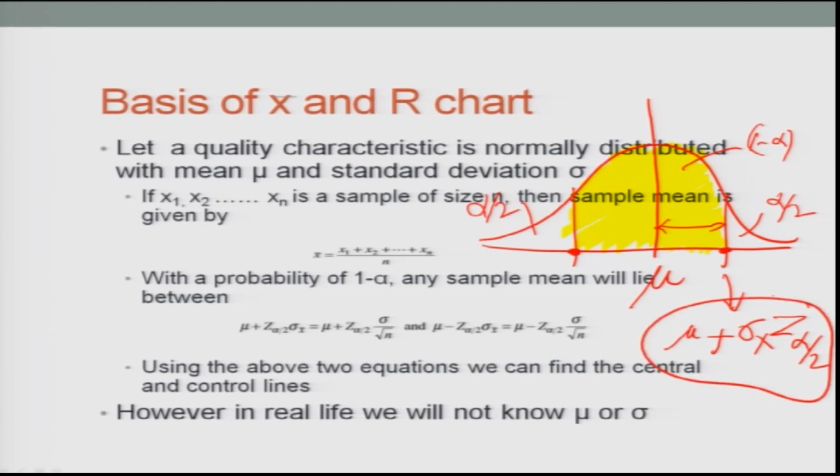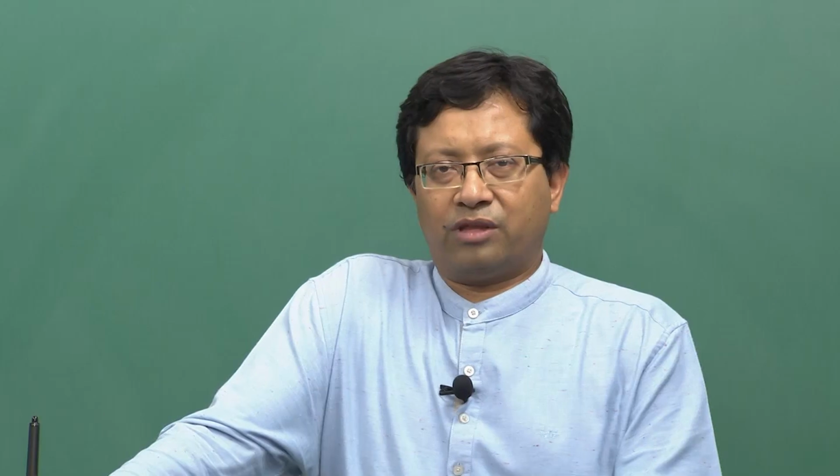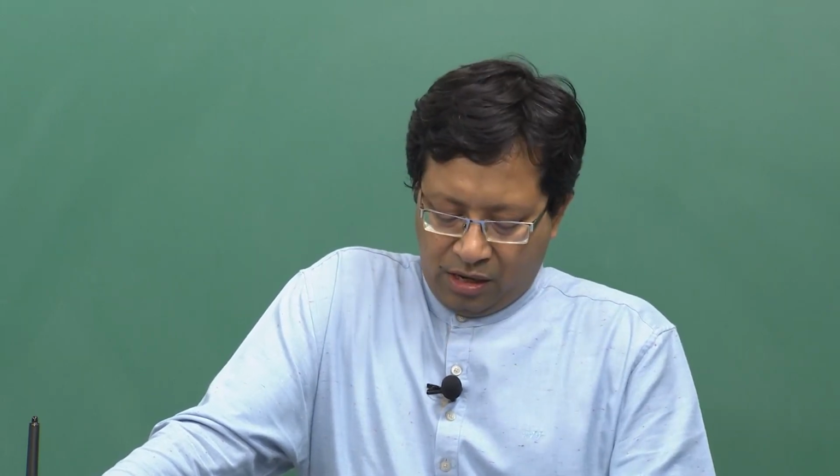So, this right hand would be plus and the left hand which I am circling now would be mu minus sigma x z alpha by 2. So, based on that you can calculate the coverage probability and whether the overall set of observations which you have taken for x1 to xn really meets that criteria.